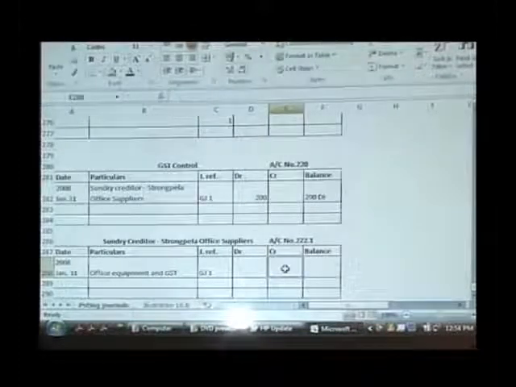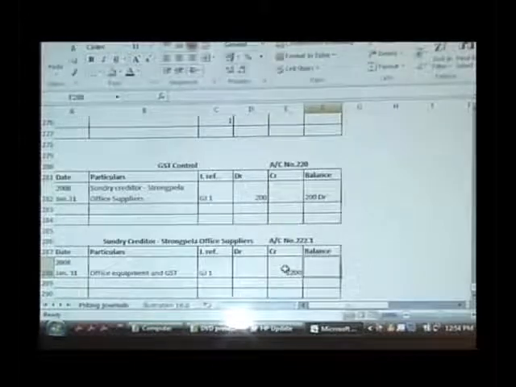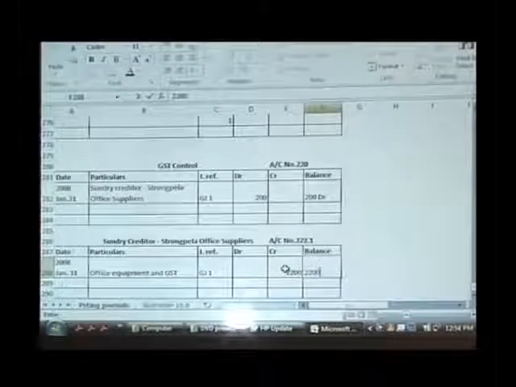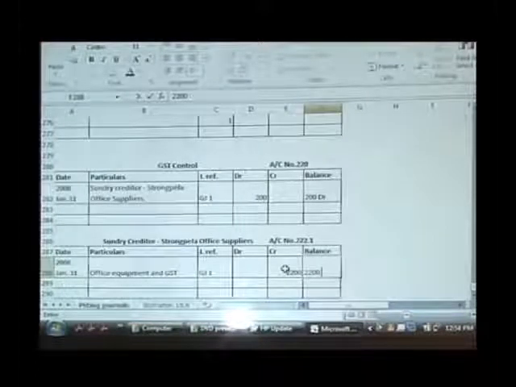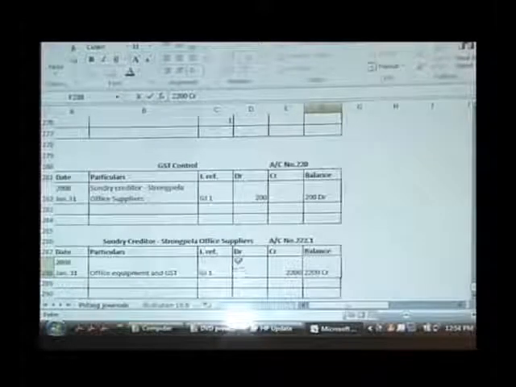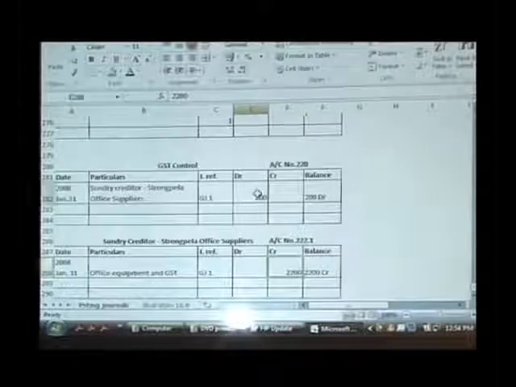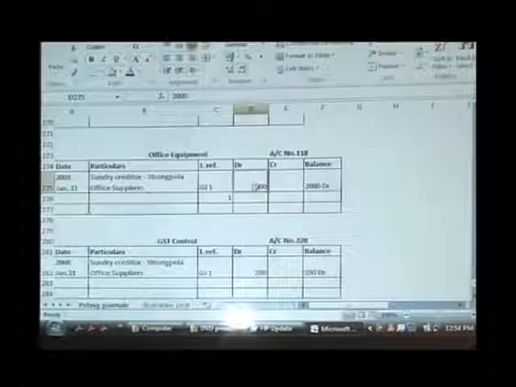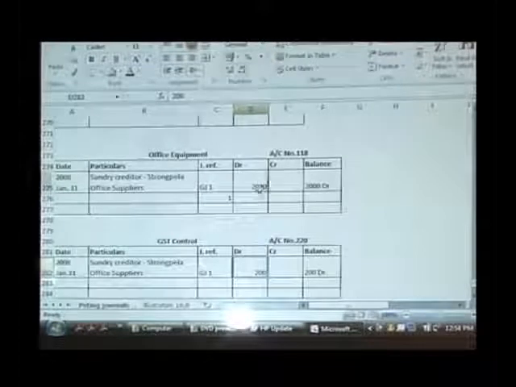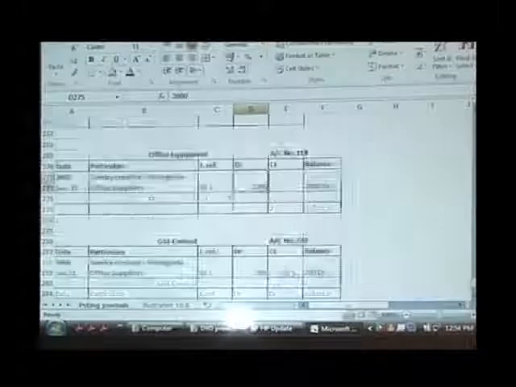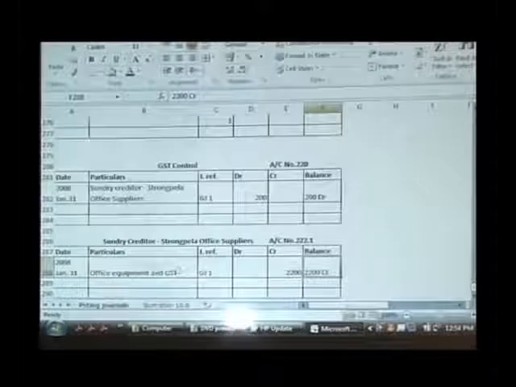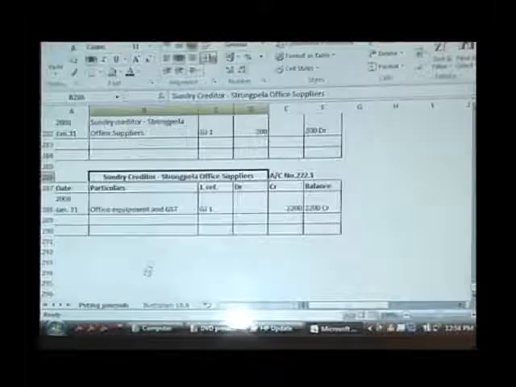Amount is 2200. This is the amount payable to Strong Pillar Office Suppliers. It consists of the cost of the equipment plus the GST. So GST is recorded separately, equipment cost is recorded separately, 2200 is the amount payable to the creditor. So that's all.